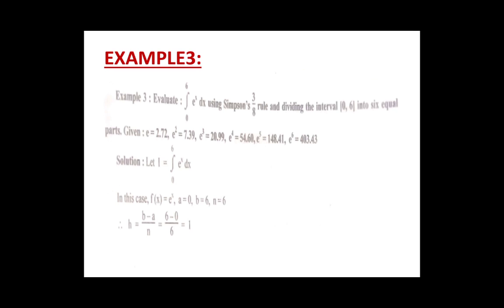Now 6 equal parts means n is given. N is equal to 6. A is the lower limit, which is 0. B is the upper limit, which is 6. So now we will find the h. H will be b minus a upon n, so that is equal to 1.